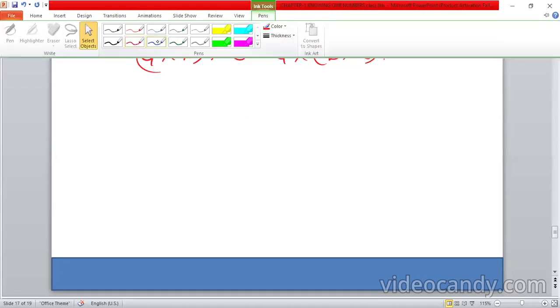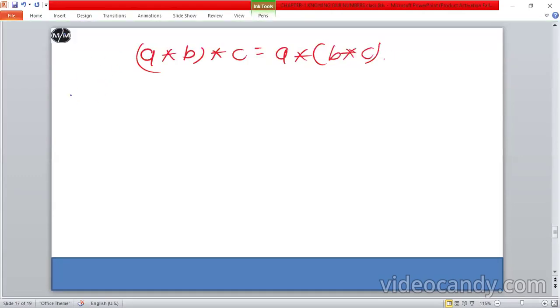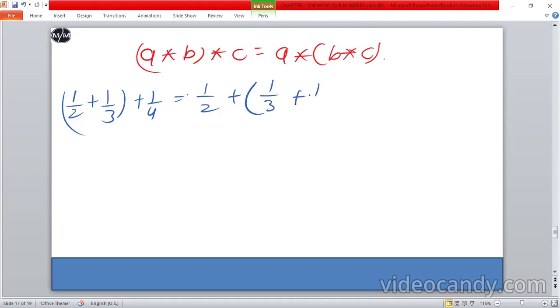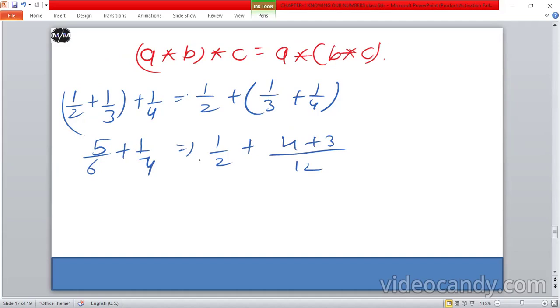We have this question for addition. 1 by 2 plus 1 by 3 plus 1 by 4 is equals, according to the equation, 1 by 2 plus 1 by 3 plus 1 by 4. 5 by 6 plus 1 by 4 equals to 1 by 2 plus 7 by 12.